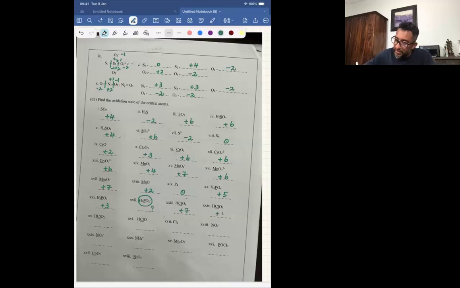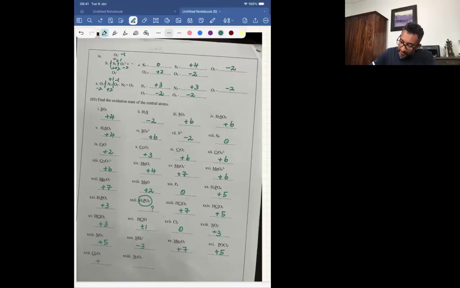HClO3 is plus 5. HClO2 is plus 3. HClO is plus 1. Chlorine is 0. NO2 minus is plus 3. NO3 minus plus 5. NH4 plus is minus 3. Mn2O7 is plus 7, right?